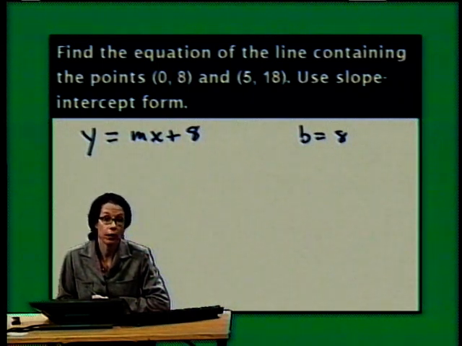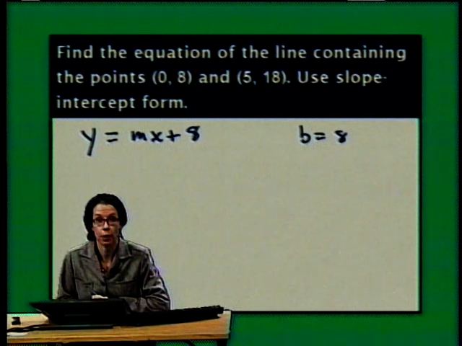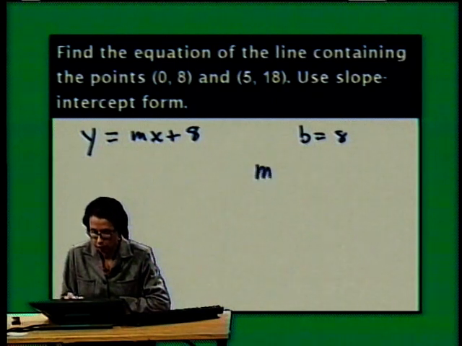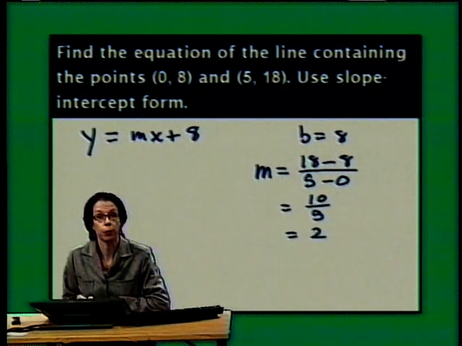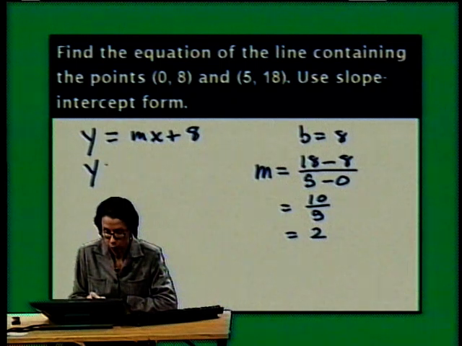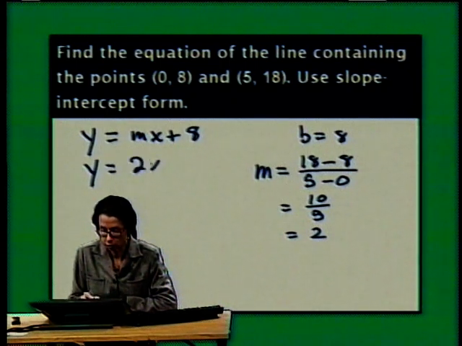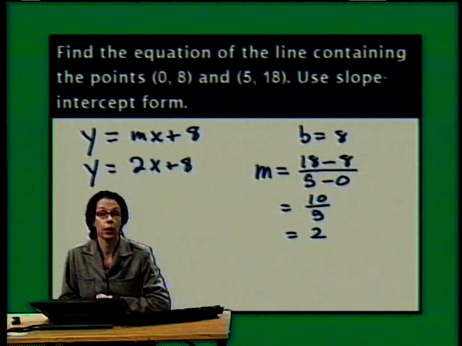So I can calculate the slope using the 2 ordered pairs I'm given. So the slope's going to be the difference in the y values over the difference in the x values. So that's 10 over 5, which is 2. So my proposed equation is y equals 2x plus 8.